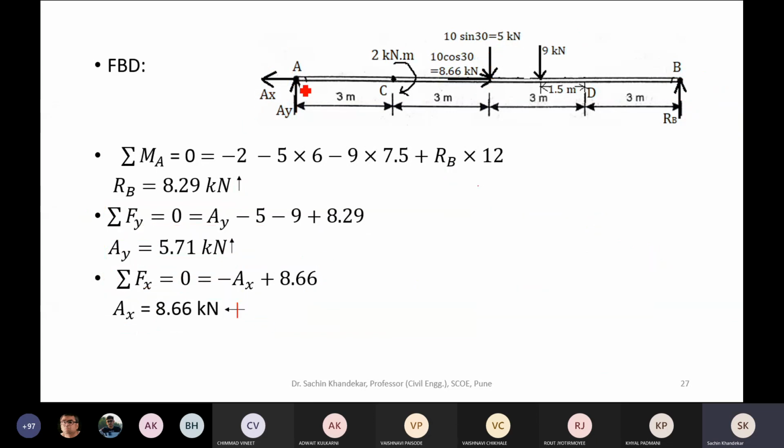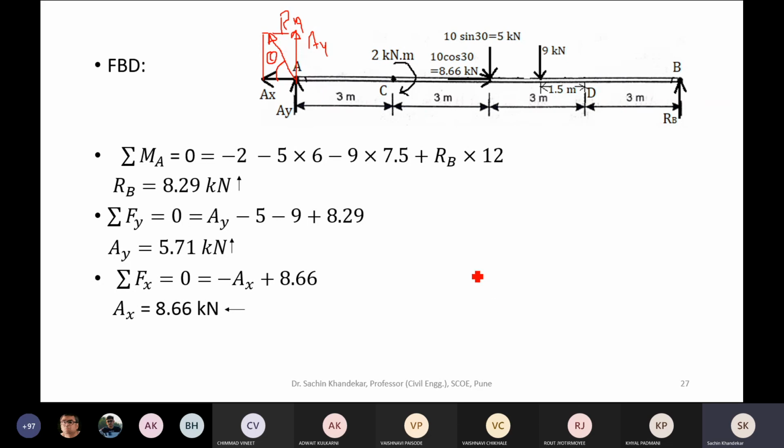And then you find out the resultant reaction at A. So this is your AY and this is AX. These are the corrected directions of AX and AY, and this is your resultant reaction RA. Then you find out this angle theta.